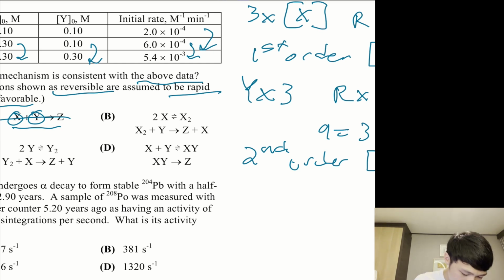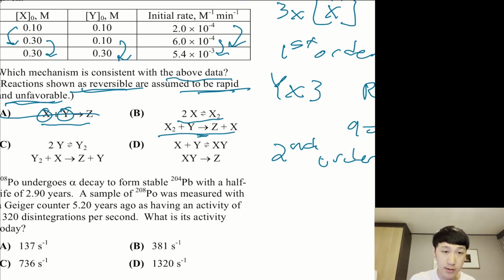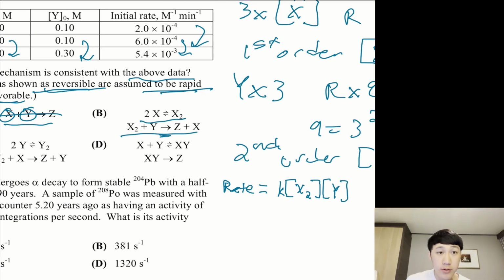Now for B, we have this mechanism. And we're told that reactions shown as reversible are assumed to be rapid and unfavorable. If they're rapid, that means the second step is the slower one, so it's the rate determining step. So we're going to say the rate equals k times the concentration of X2 times the concentration of Y. And X2 is an intermediate, so we need to figure out an expression in terms of the other reactants.